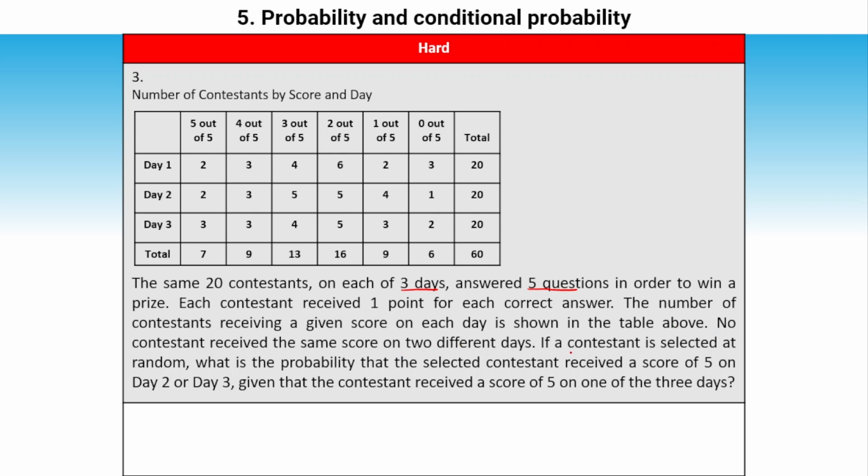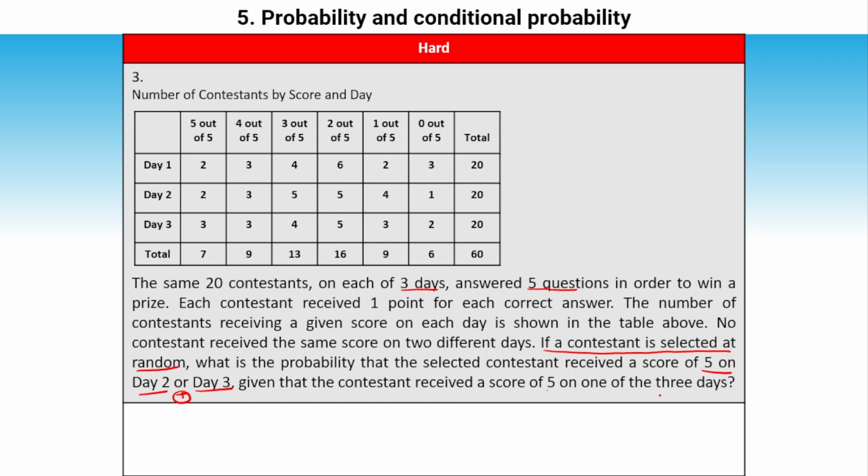If a contestant is selected at random, what is the probability that the selected contestant received a score of 5 on day 2 or day 3, given that the contestant received a score of 5 on one of the 3 days?